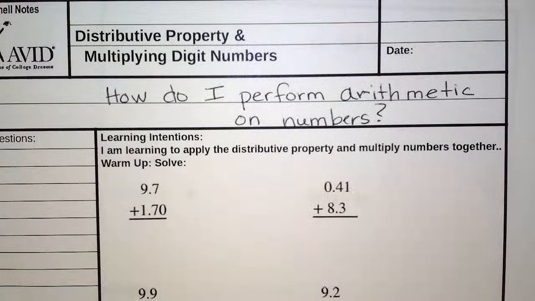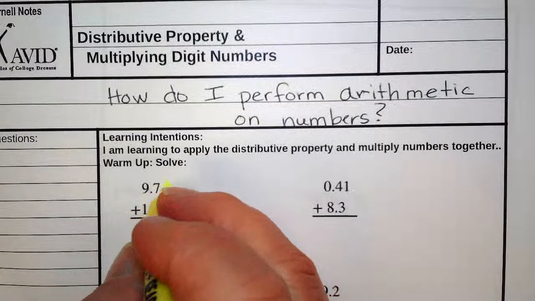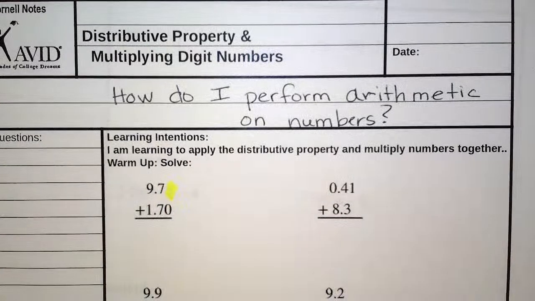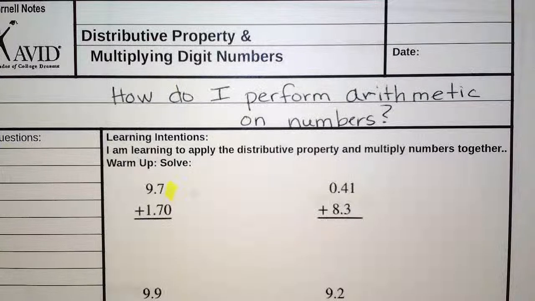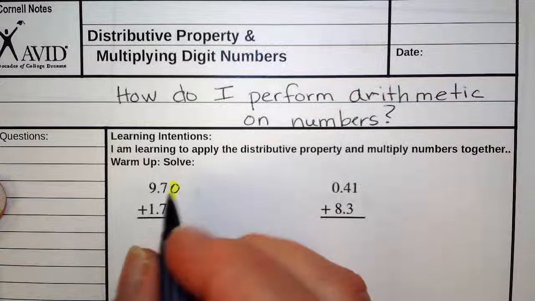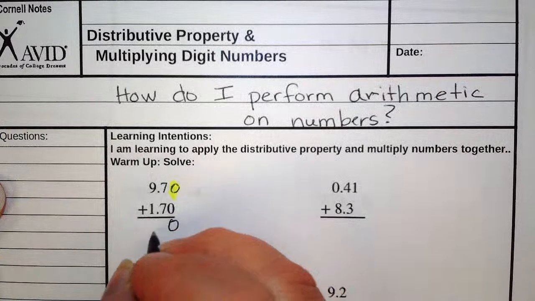If you're looking at the first one, I hope you're just checking your answers. You notice that there is a 0 here, but there's nothing above it, which means that we have to put in a placeholder, and that placeholder is a 0. 0 plus 0 gives me 0. 7 plus 7 is 14.